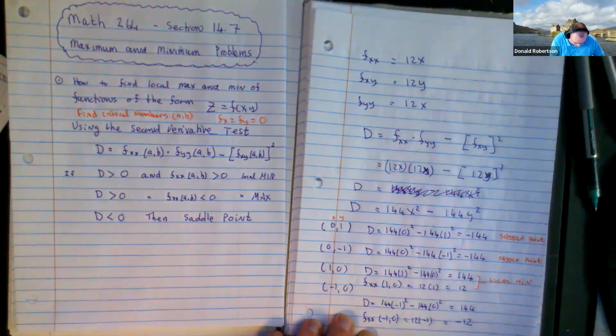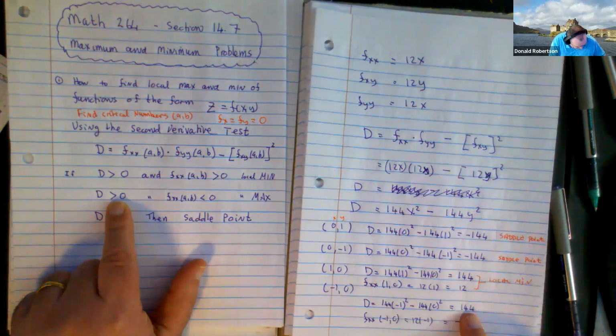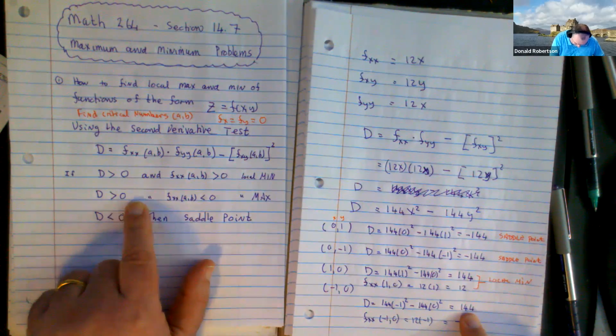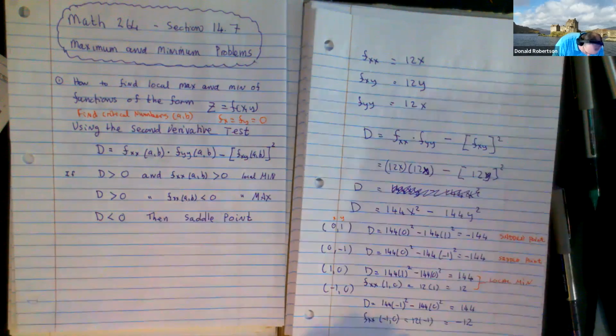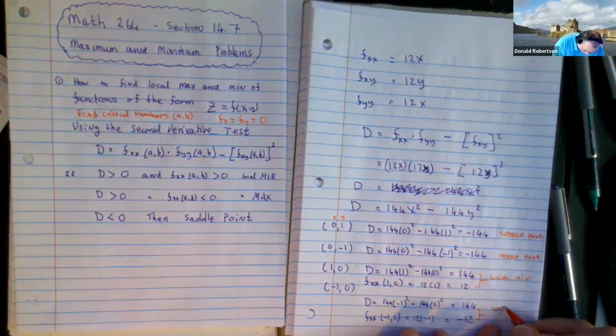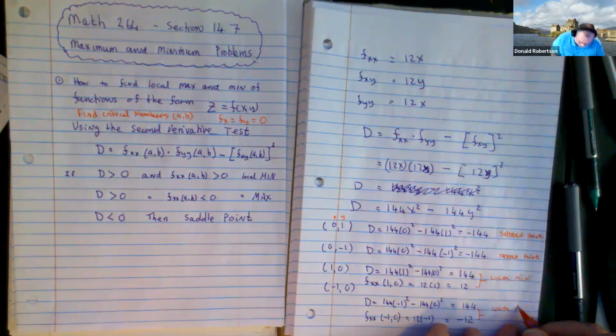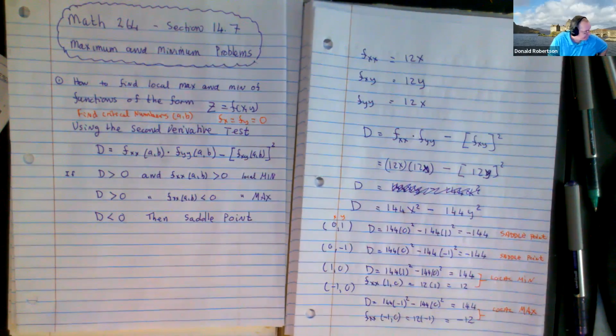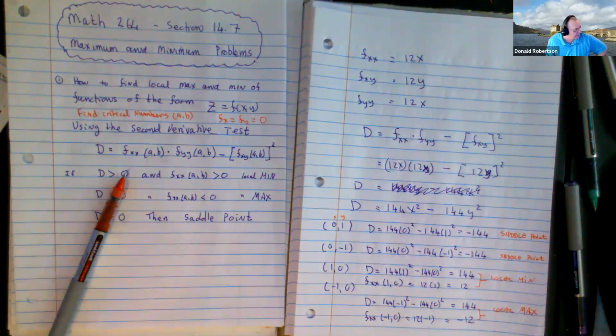And when you get a positive D but a negative second derivative, that combination gets you a local maximum. How are things looking? Are we comfortable with what I just did here?